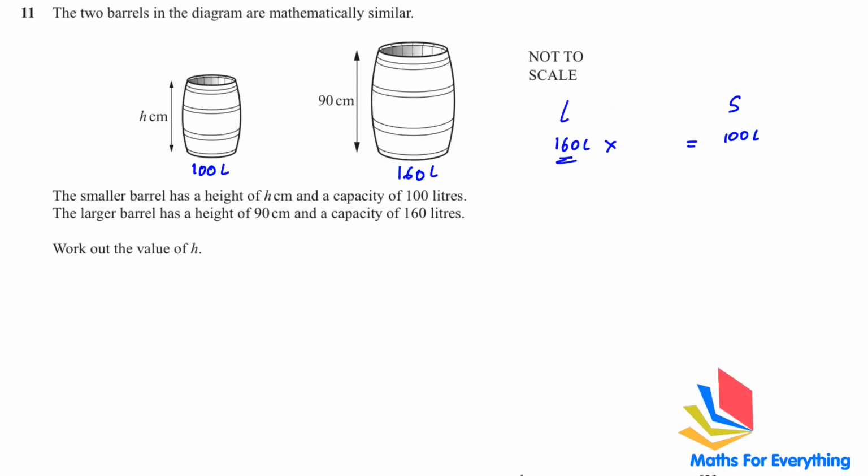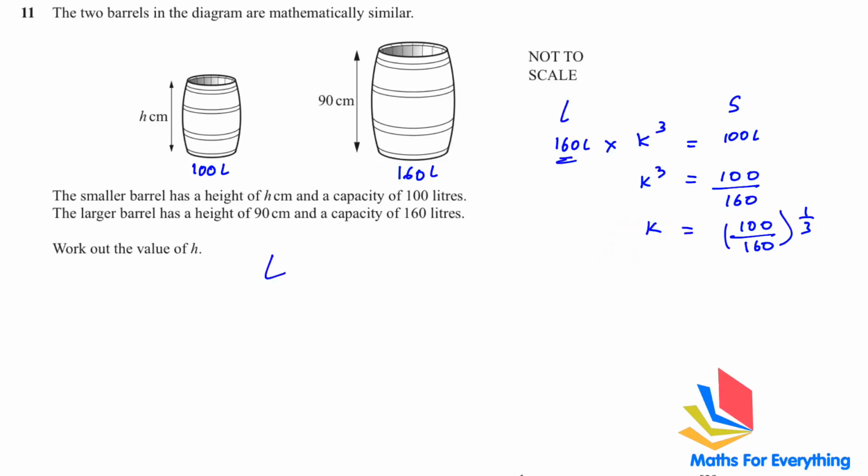Because capacity is related to volume, we write k to the power of 3. K is our scale factor. So k cubed is equal to 100 over 160. You can write k is equal to the cube root of 100 over 160. This is the scale factor for length or height.